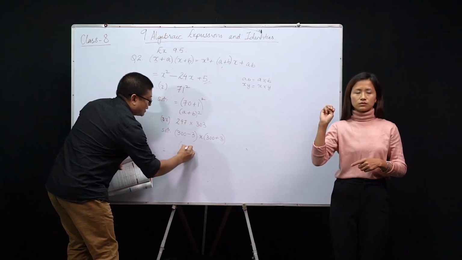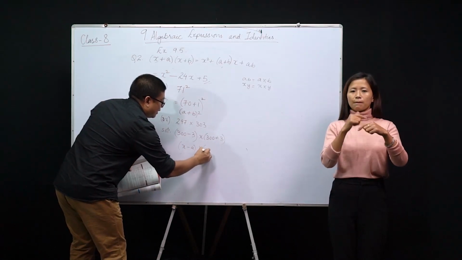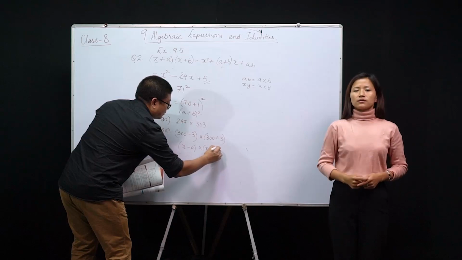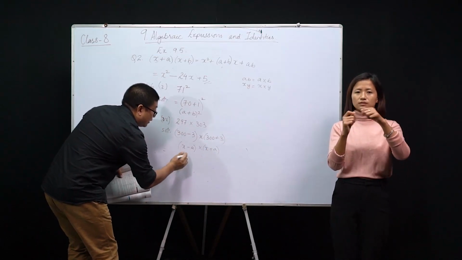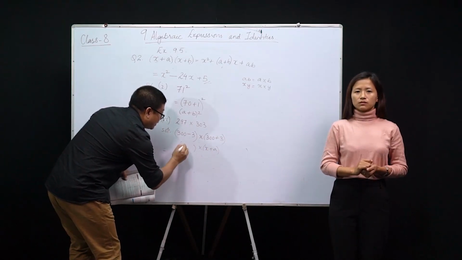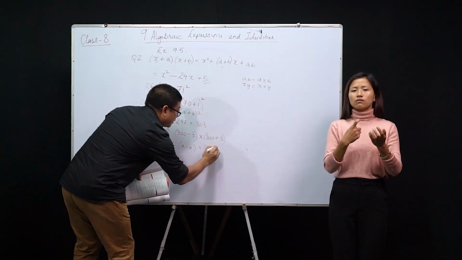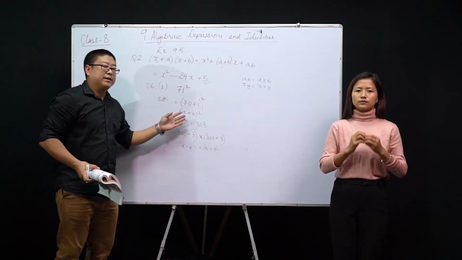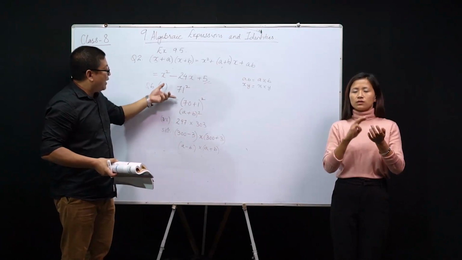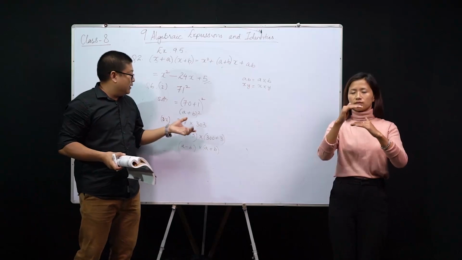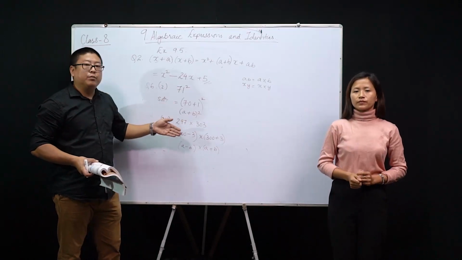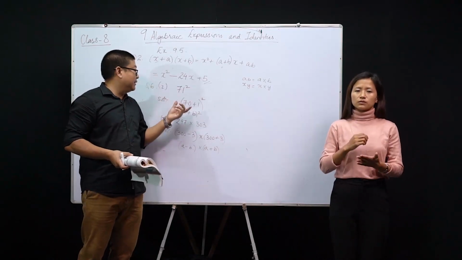So this is x minus a, x plus a. Or, sorry, we can simply write it as a minus b or a plus b using these formulas. So this is how you will arrange these expressions, and by arranging these expressions you'll be able to apply certain identities in this manner.